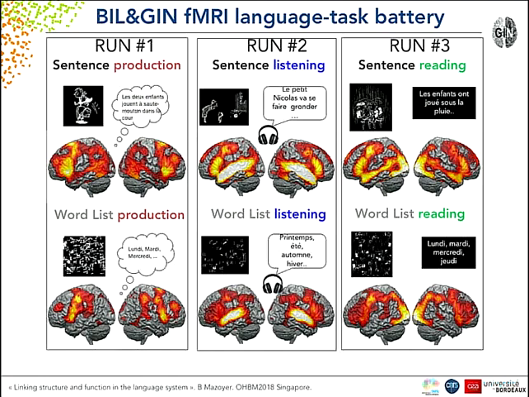And in all cases, we've been using a visual stimulus, which is a little cartoon. On that cartoon, the subject has either to do a covert production of a sentence, or to read a sentence that appears on the screen, or to listen to a sentence that corresponds to the cartoon. And the control task is always the same, which is on a scrambled version of the cartoon.